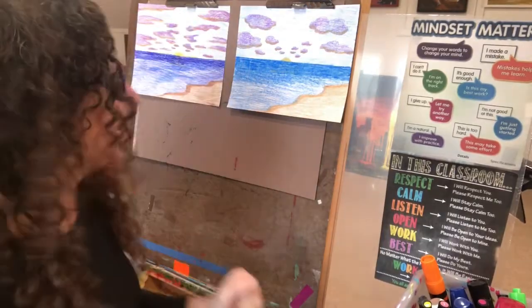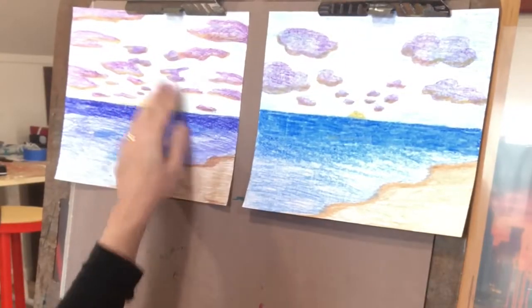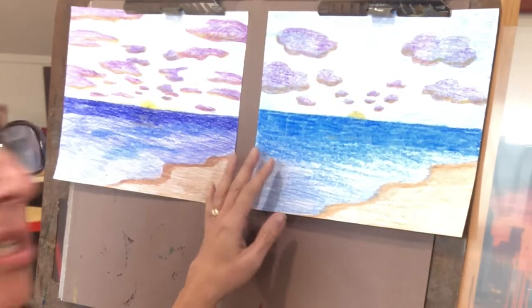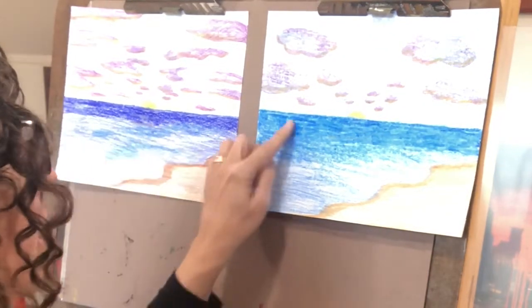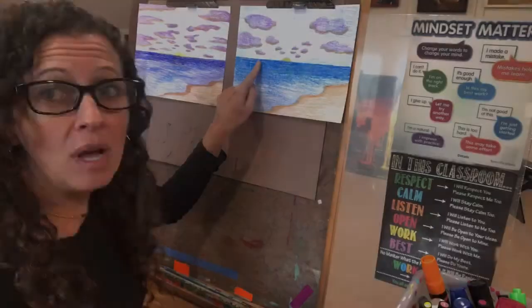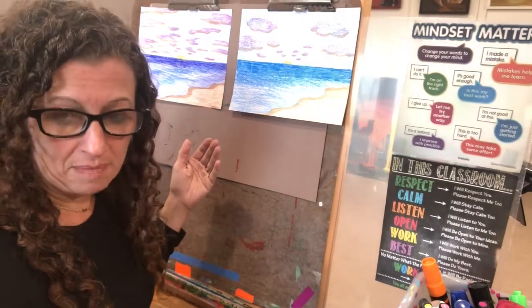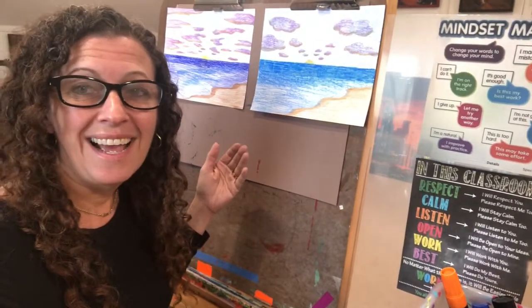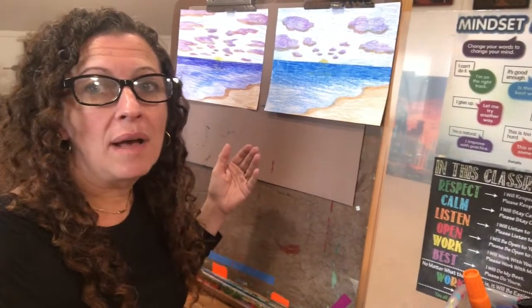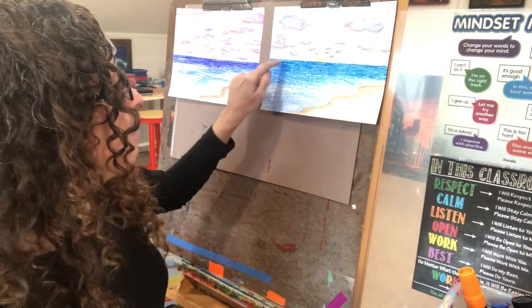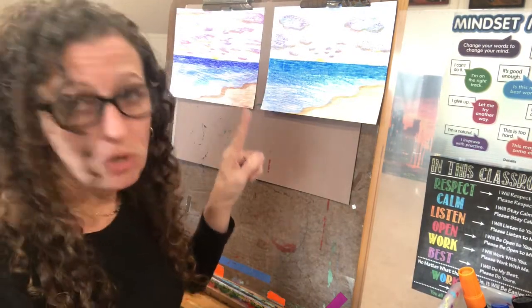Right. Okay, so here's my pieces from last week, and they look the same. They just have different coloring here in the water. And the reason for that was that I was trying to show you, let me pull you a little closer, I was trying to show you that this ocean water I made using one crayon, just one.